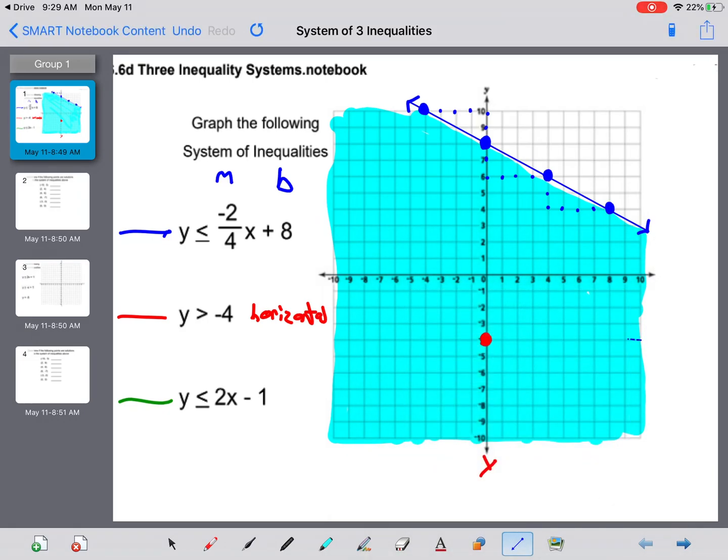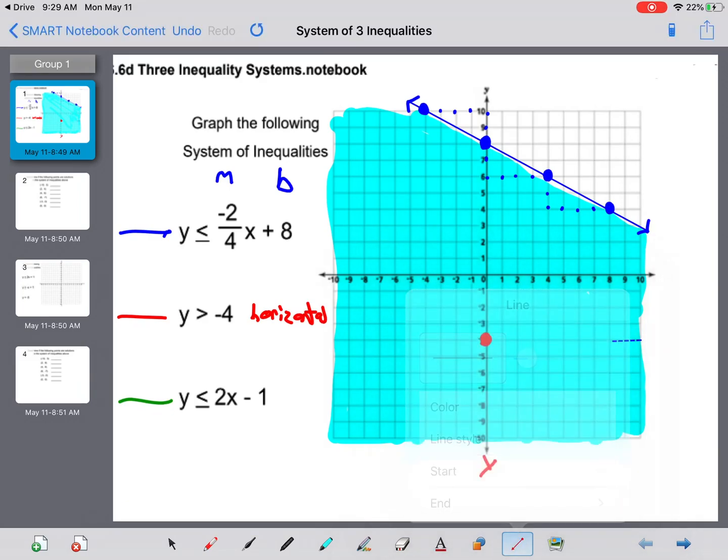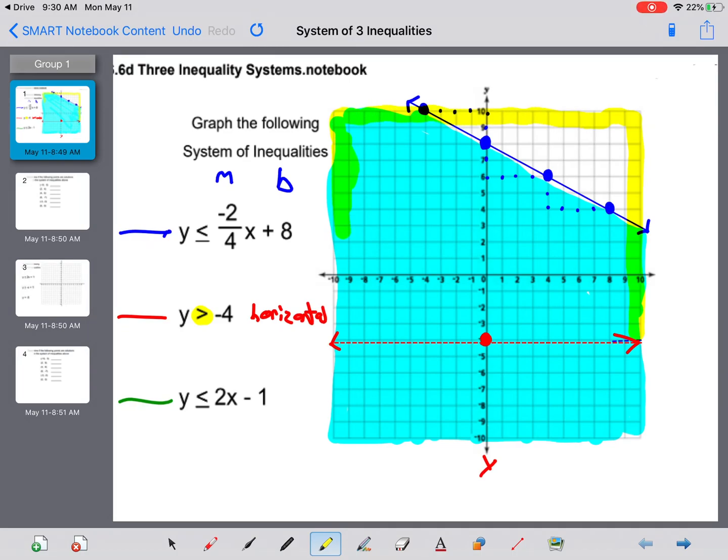This line is dashed because it's only a greater than symbol, and it's going to run totally through -4. Now, the greater than symbol, not only does it mean dashed, it means we have to shade above. So let's shade above.